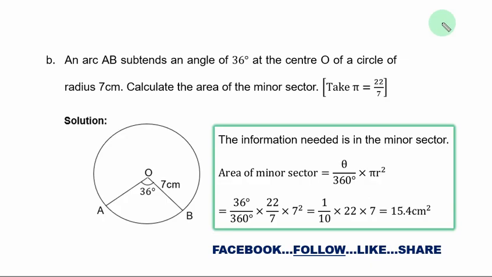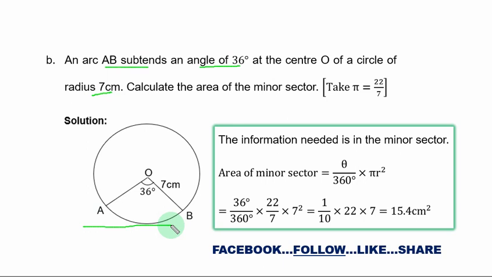Question 6b. An arc AB subtends an angle of 36 degrees at the center of a circle of radius 7 cm. Calculate the area of the minor sector. This diagram illustrates the information.